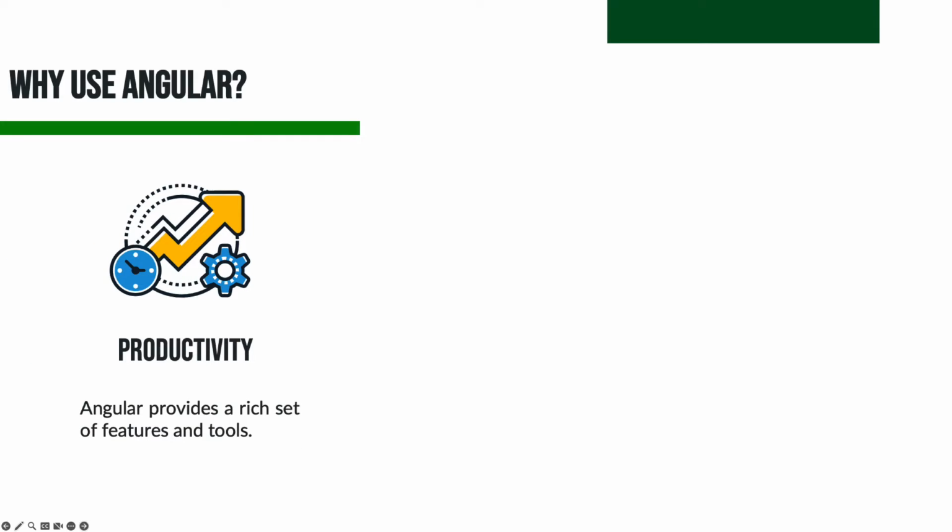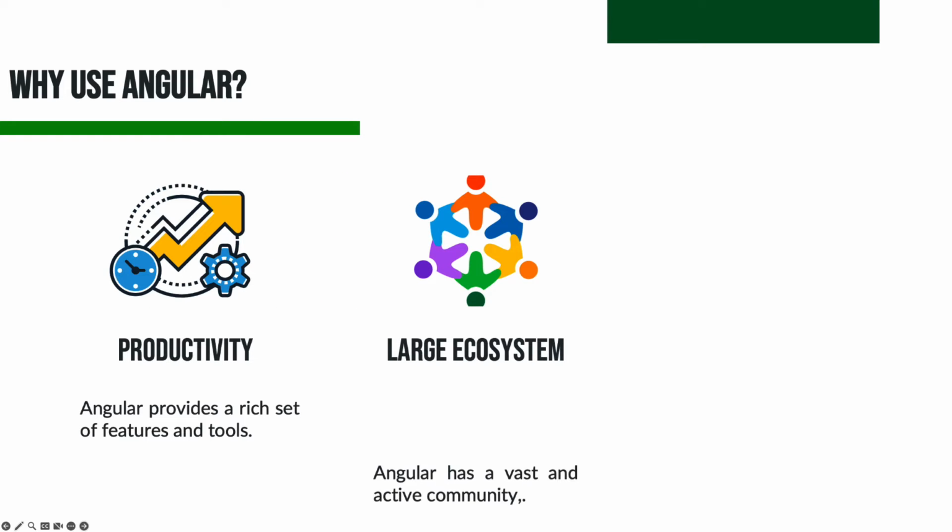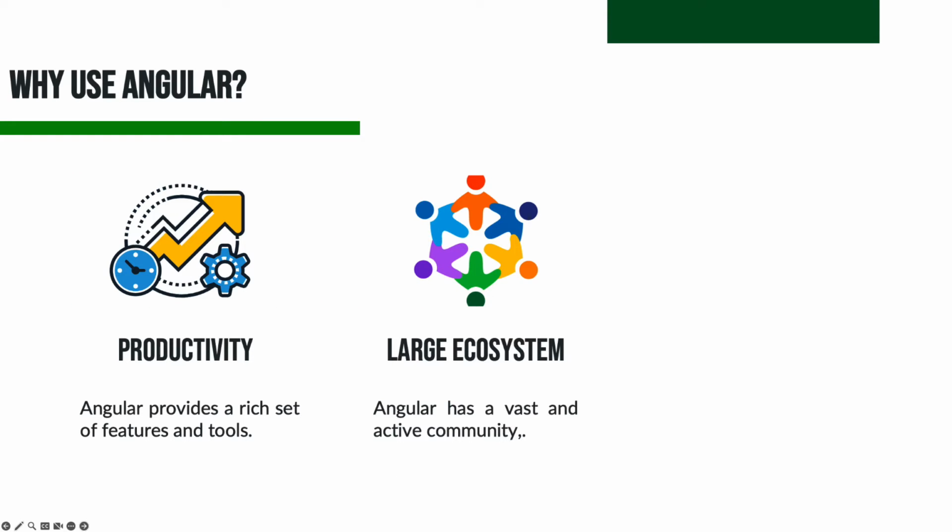Why use Angular? First, productivity. Angular provides a rich set of features and tools that help developers build applications more efficiently, reducing the time and effort required. A large ecosystem. So Angular has a vast and active community, resulting in numerous resources, libraries, and plugins available for use.